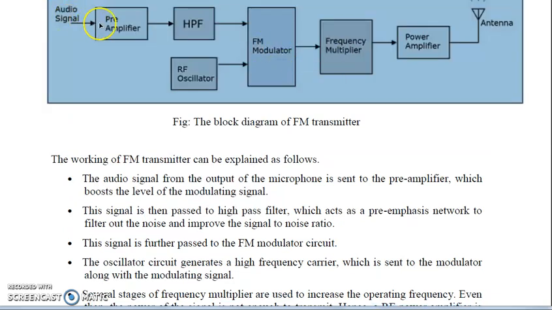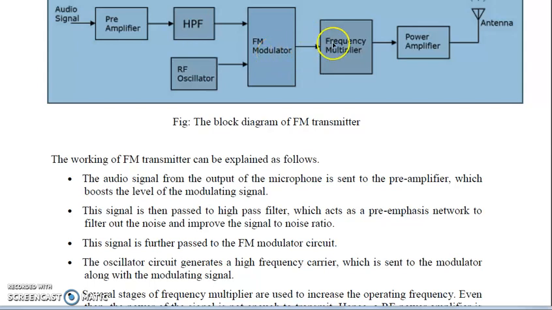Audio signal goes to the preamplifier. Preamplification means amplifying the amplitude of the message signal, and then it crosses through the high pass filter which works as a pre-emphasis network. Pre-emphasis network means boosting up the audio signal which is coming from the microphone, and this message signal is mixed with the carrier signal in FM modulation.